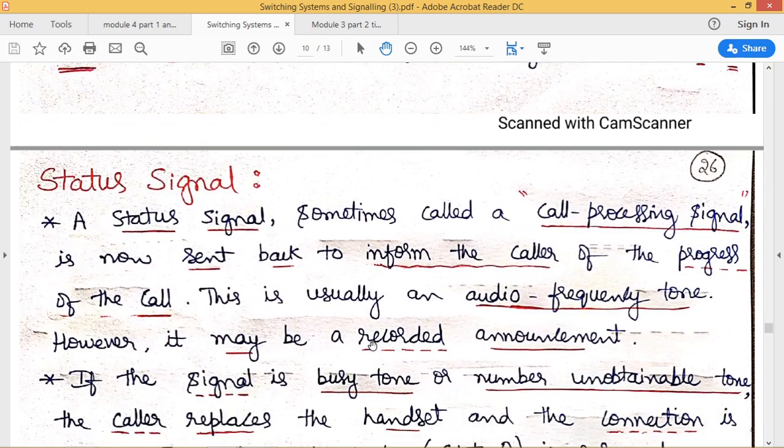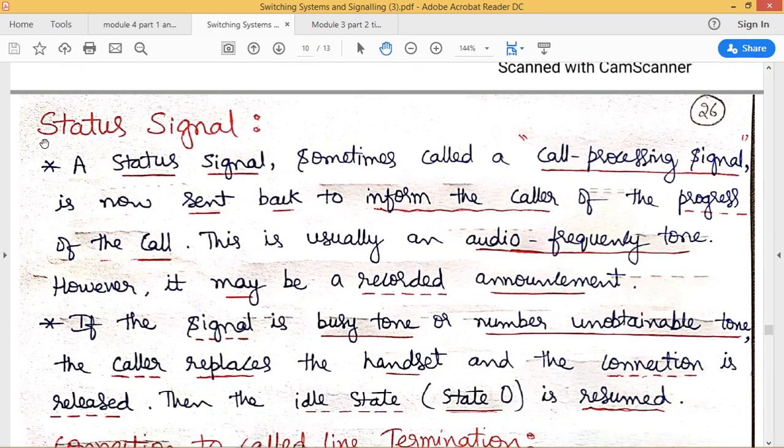Once it has tested, the exchange receives a status signal. The status signal, sometimes called a call processing signal, is sent back to inform the caller of the progress of the call, how the call is progressing.